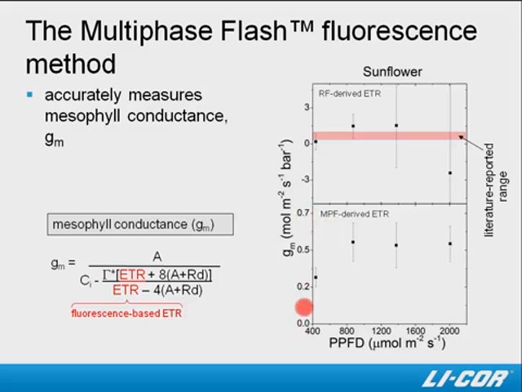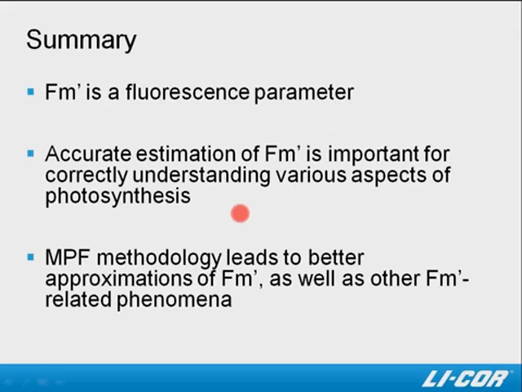This is between 0 and I think 0.75, so the scale is very magnified. And what you can see is that the data are nice and constant, and reasonably noisy, and well within the range of literature-reported values. And so taken together, these combined data imply that underestimation of Fm prime by traditional methodology can result in erroneous estimates of mesophyll conductance. And once again, this is a problem that can be overcome by use of multiphase flash methodology.